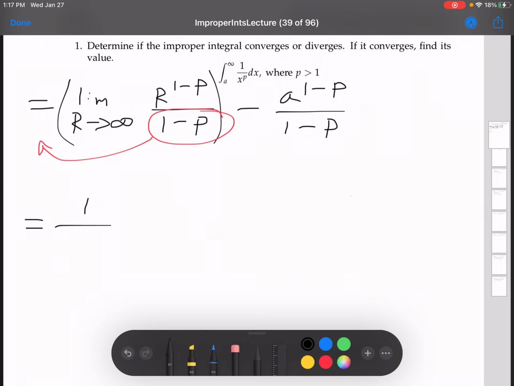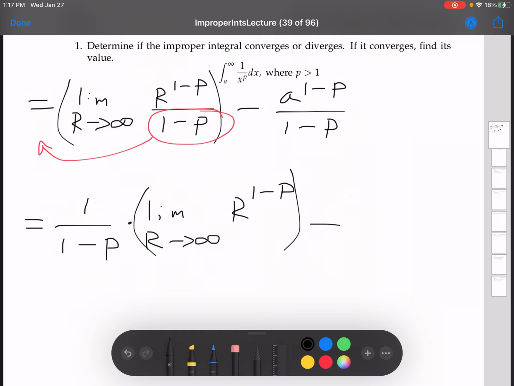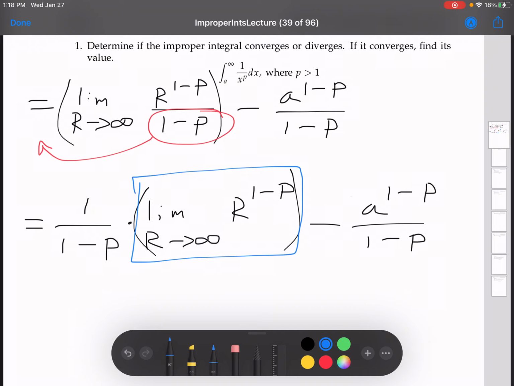So this is 1 over 1 minus p times the limit as r approaches infinity of r to the 1 minus p minus, and that's the thing we're actually dealing with, the thing in parentheses there, a to the 1 minus p over 1 minus p. And so now I want to look at this limit here. That's really the thing we're concerned about.